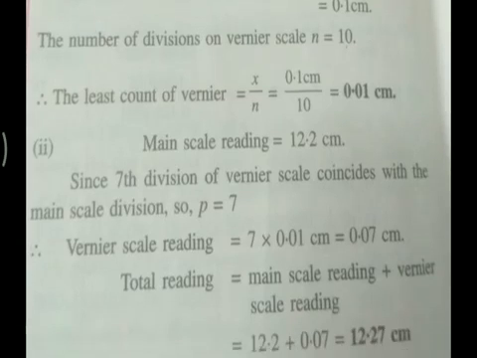As I said, the coinciding division is 7 and the vernier scale reading will become 7 into 0.01, that is 0.07. So our total reading is what? Main scale reading plus vernier scale reading. So 12.2 plus 0.07 and hence the result will become 12.27. So in this way you will read the vernier scale, right? And if there is error, you need to subtract the error from that. That is how you need to do the numericals based upon the vernier caliper.